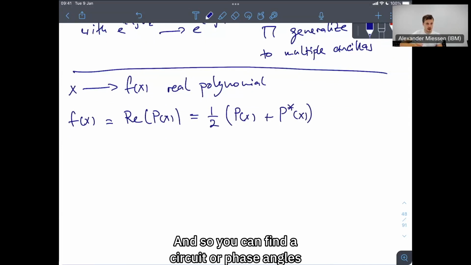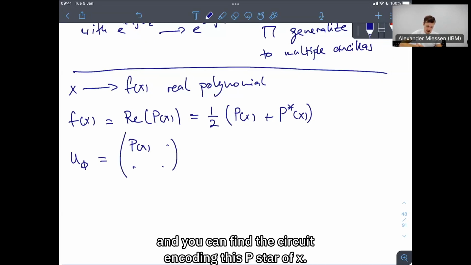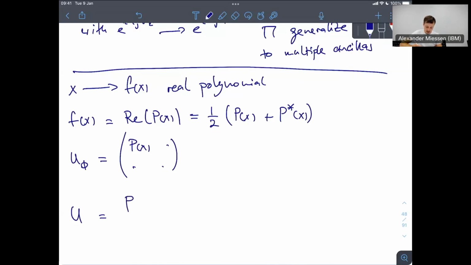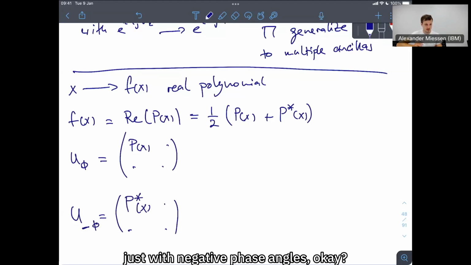You can find a circuit or phase angles block encoding this p of x, and you can find the circuit encoding this p star of x, and it turns out that it's the same circuit as for p of x, just with negative phase angles.